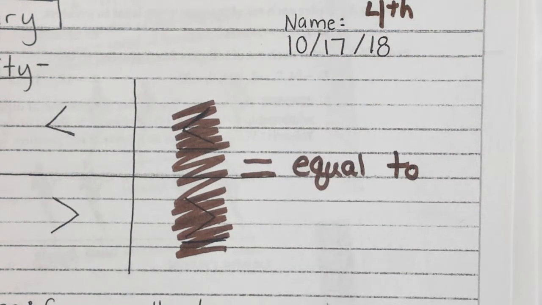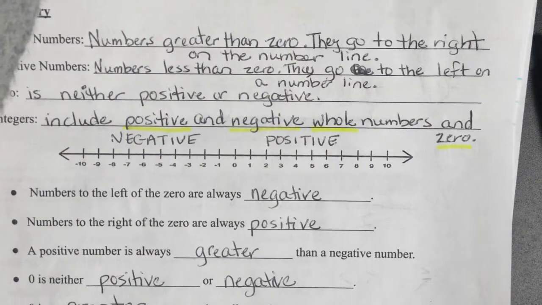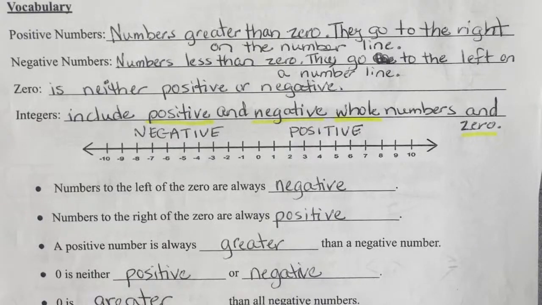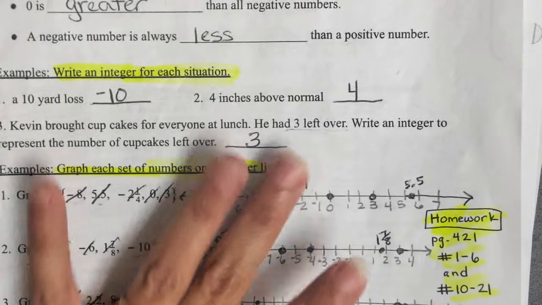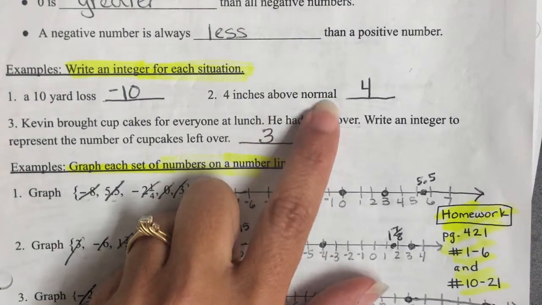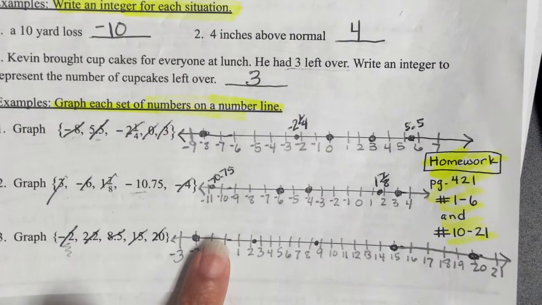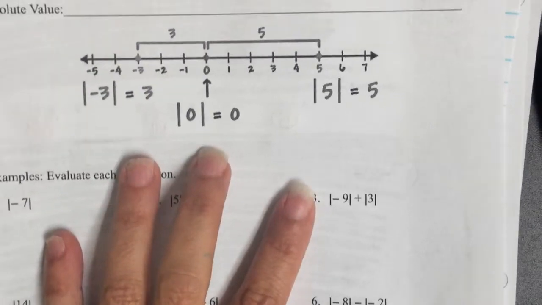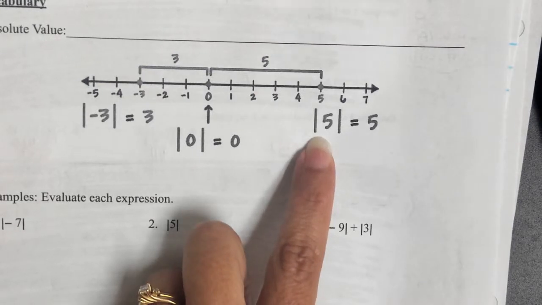Just to recap, on Friday you will need to know the integer information, like telling me if it's above normal that it's positive, and then number lines. And last night, we went over our homework on absolute value, that everything with the absolute value bars changes to a positive.